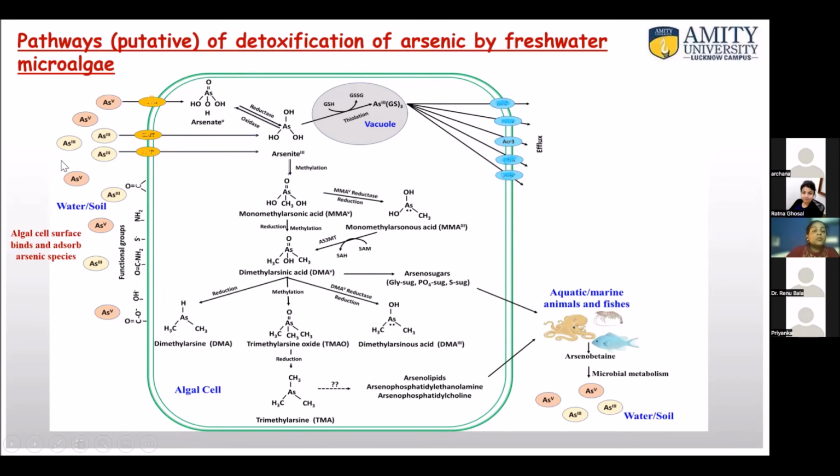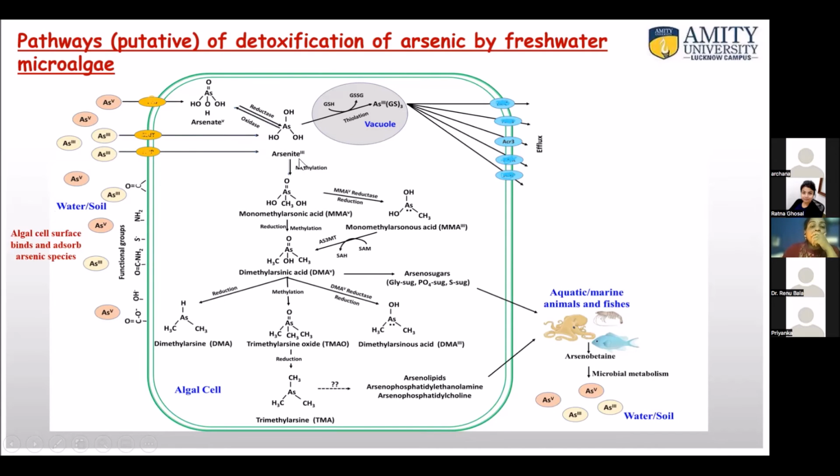Those are mostly inorganic arsenic species, trivalent and pentavalent, that have been observed inside the cell of algae. And then there is oxidation and reduction. Maybe there is a presence of oxidase and reductase, which can oxidize and reduce these arsenic species.